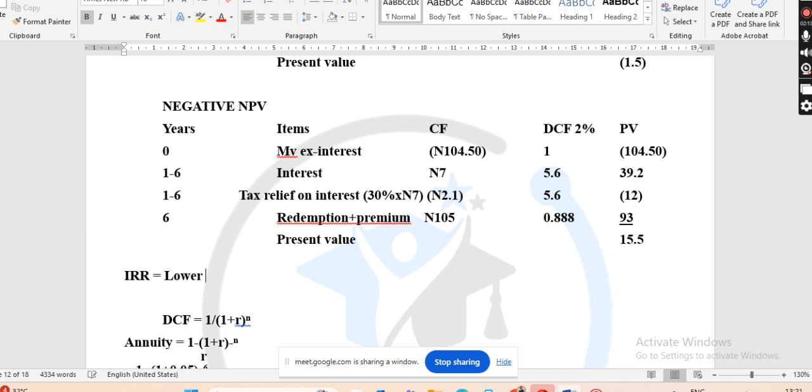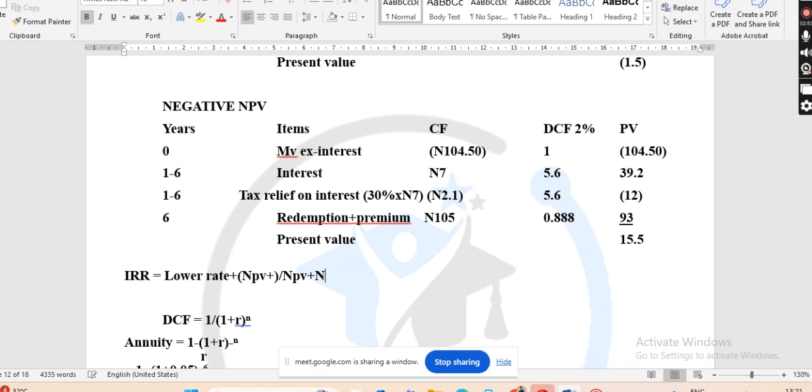Lower rate plus the NPV of the lower rate, the positive NPV, divided by the positive NPV plus the negative NPV.